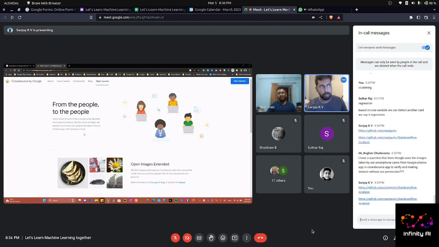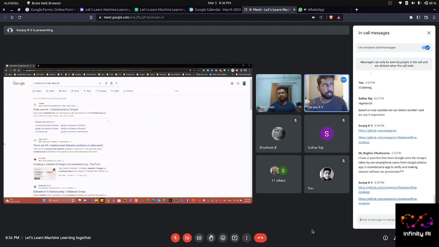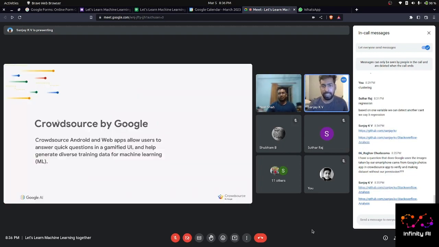In your Google Photos app, they create a machine learning model that understands the patterns of your gallery photos and labels them accordingly. So it's literally not a privacy breach. If you read the agreement, it says the machine learning model is used to categorize the labels.